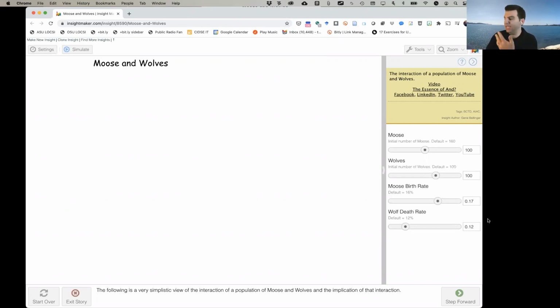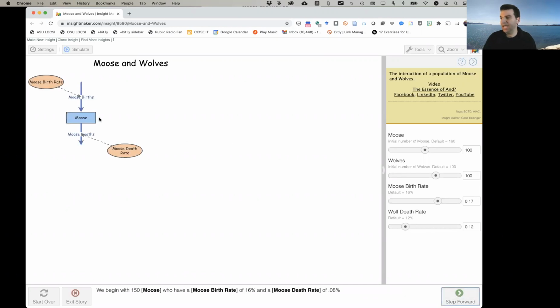In this particular story, someone is trying to understand the population of moose and the population of wolves in an area together and how they might interact. First they build a model of how a moose population might grow. We're going to learn what these diagrams mean over time, but this is something that by the end of the class you'll be able to draw.